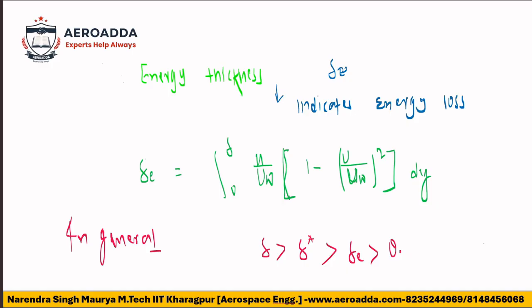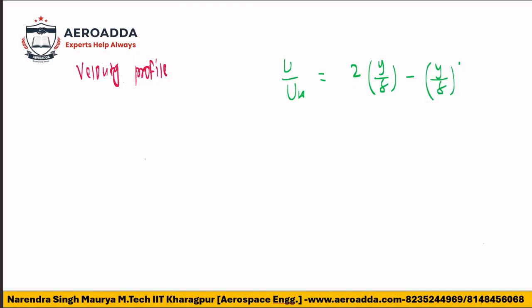Anything you can calculate. Just for example, if a velocity profile is given to you, like u by U infinity. See, this is the velocity profile, u by U infinity as a function of y. I told you, 2y by delta minus y by delta squared.